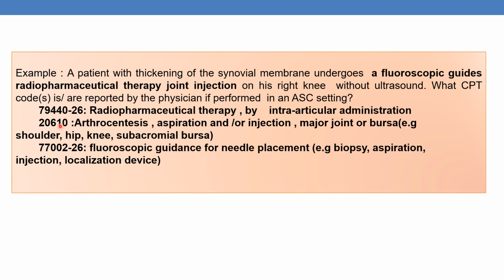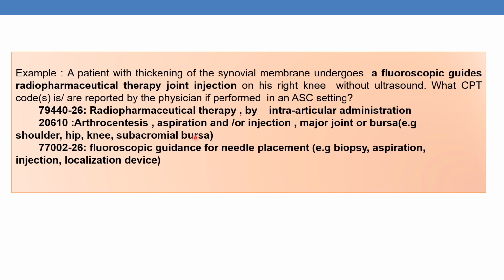The next code is 20610. Arthrocentesis, aspiration and or injection, major joint or bursa, for example shoulder, hip, knee, subacromial bursa.